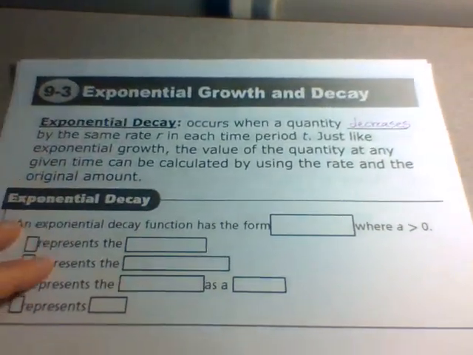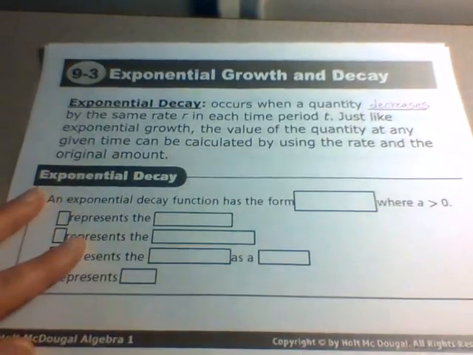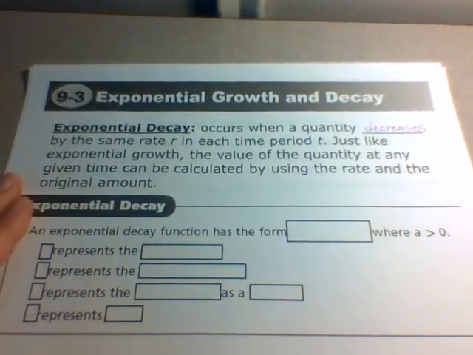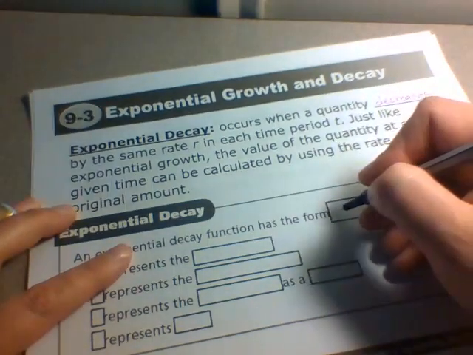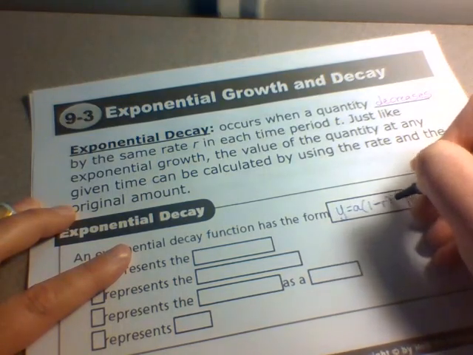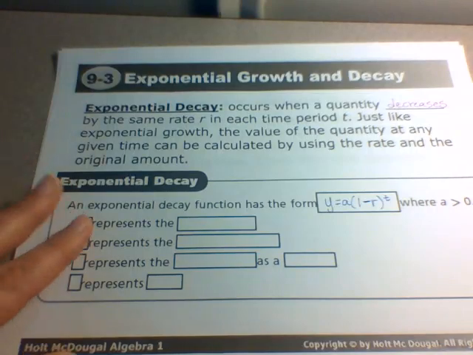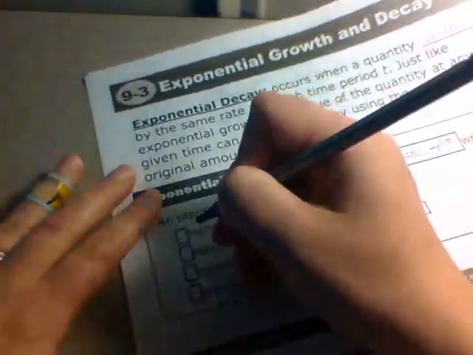So instead of, for instance, a population growing, maybe a population is decreasing, or the value of a painting is decreasing, or the value of a car or something. So in that case, our formula is going to be y equals a(1 minus r) to the t. Hopefully that very much looks like our original growth formula. The only difference is this subtraction sign. The values are going to be the same.